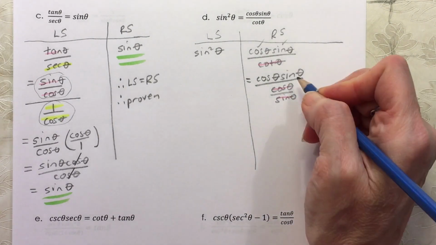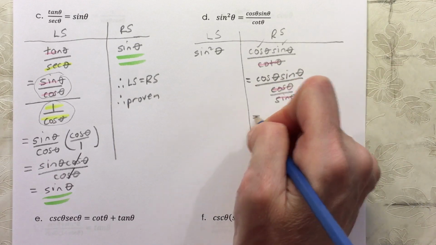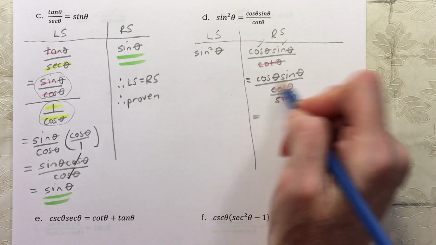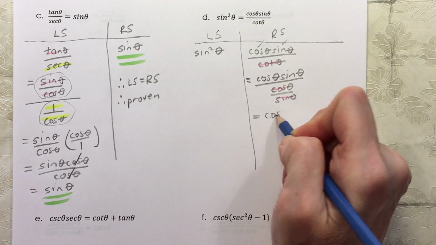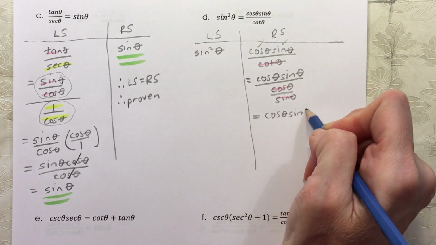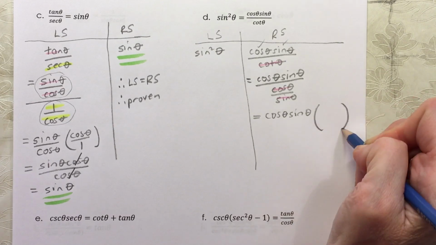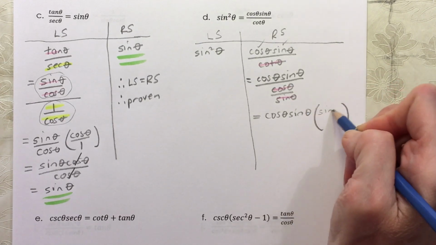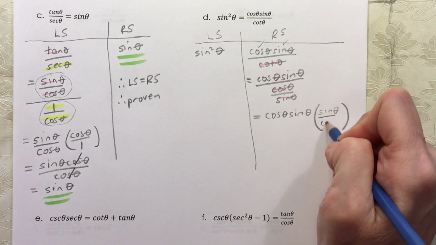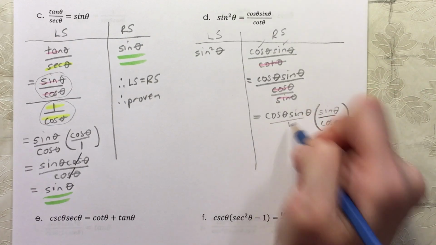So now I've got kind of like a whole divided by a fraction. So we know that to divide by a fraction, you multiply by the reciprocal. So the reciprocal of cos theta over sine theta is sine theta over cos theta, and this is over 1.